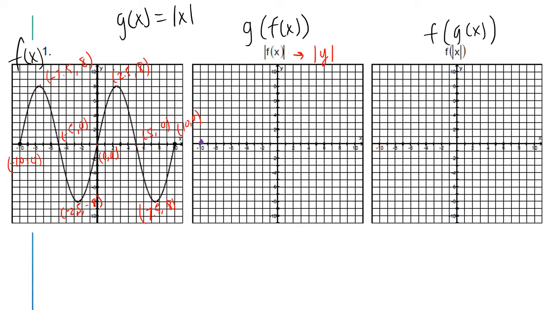It's just going to be negative 7.5, 8, because my y is already positive. Then we're at negative 5, 0, so it's going to stay at 0. Now, negative 2.5, negative 8 is going to go up, because instead of a negative 8, we're going to have a positive 8. Okay, so our origin is going to stay our origin.